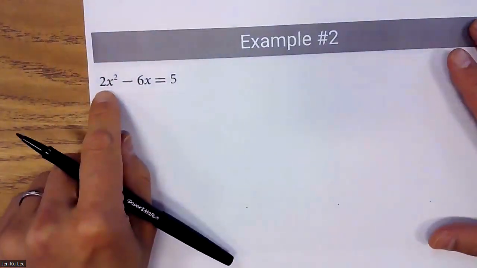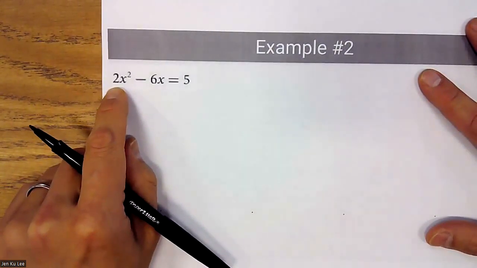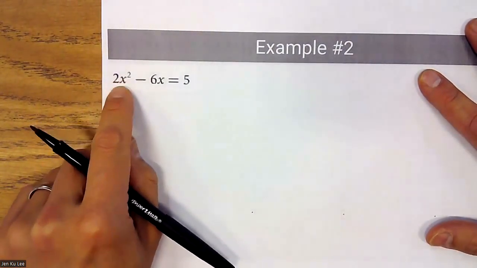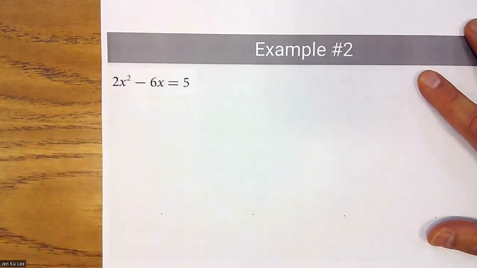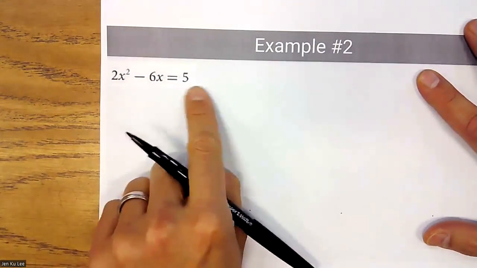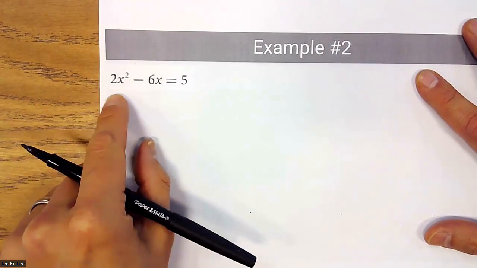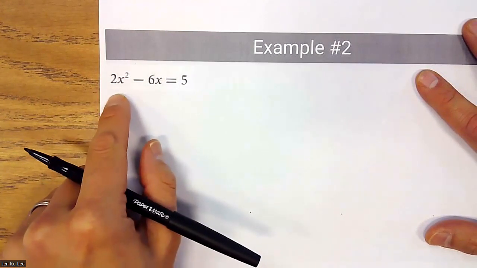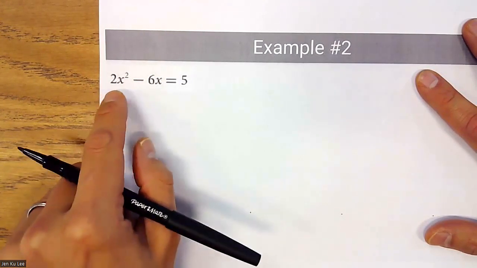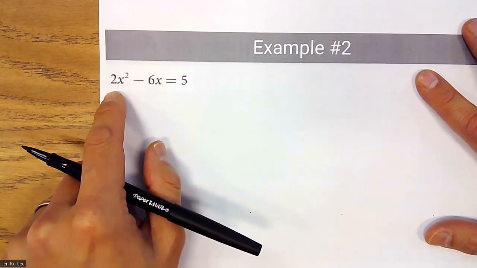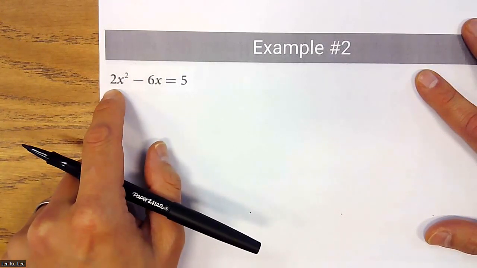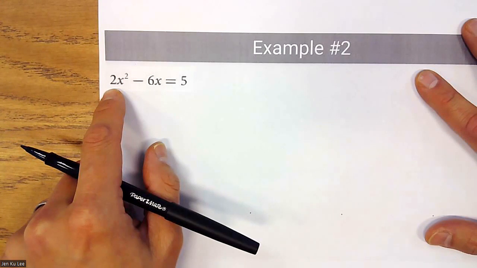Now these last two examples, we do have a coefficient that's not 1, right? For the x squared. So the first step, get the constant on one side of the equation, check. The next step, to make sure that the coefficient for x squared is equal to 1, which it is not. So there's one of two things you can do.